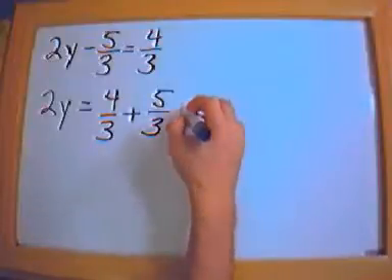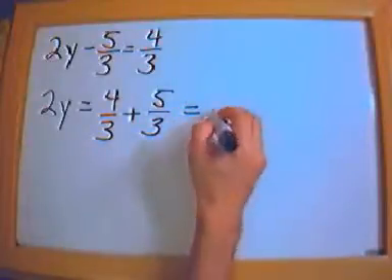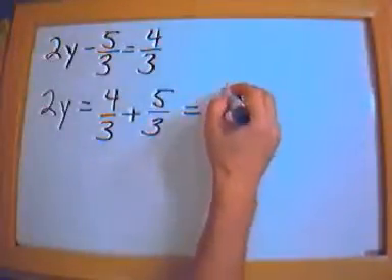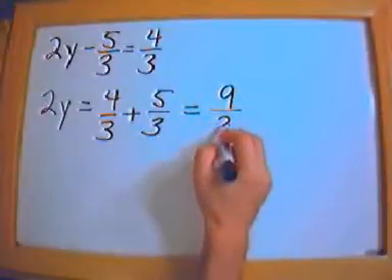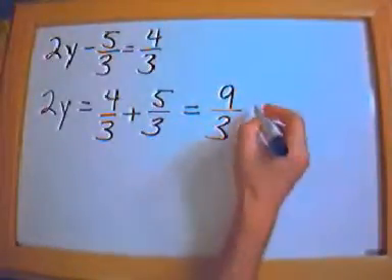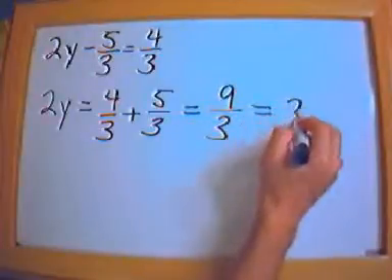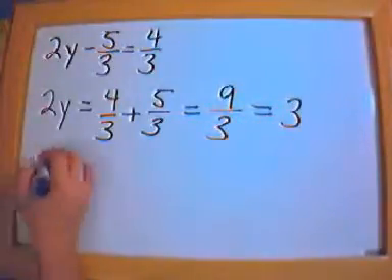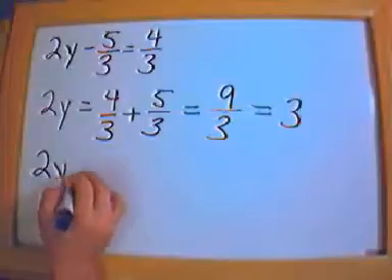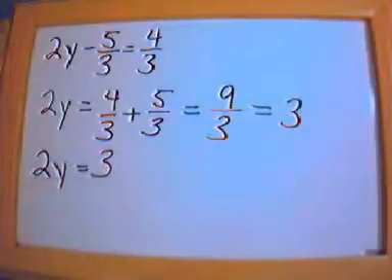And you remember how you add fractions. When you've got a bottom number that's the same, you add the top. 4 plus 5 is 9, and you keep the bottom, which is 3. In this case, 9 divided by 3 is simply 3. So when you really boil it down, you're left with 2y is equal to 3.